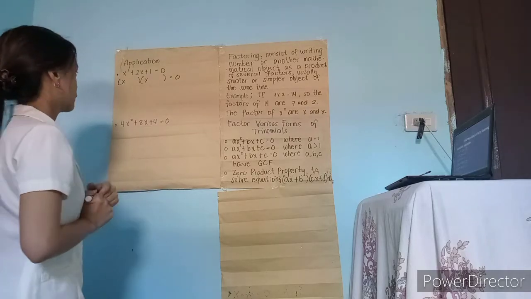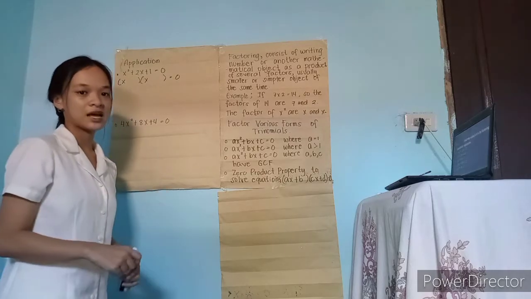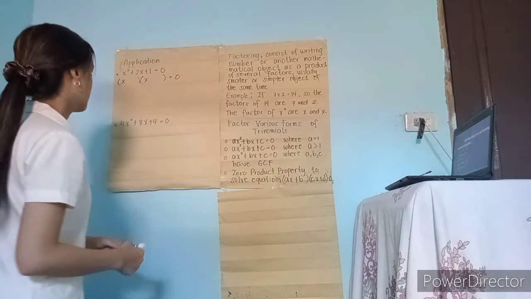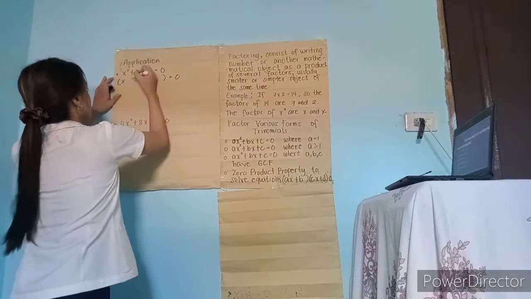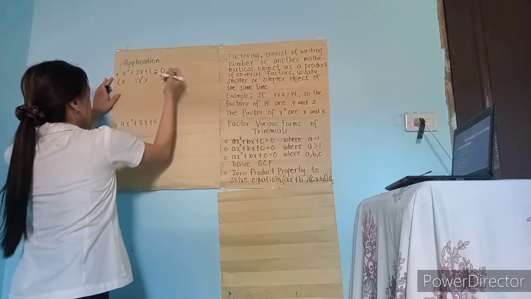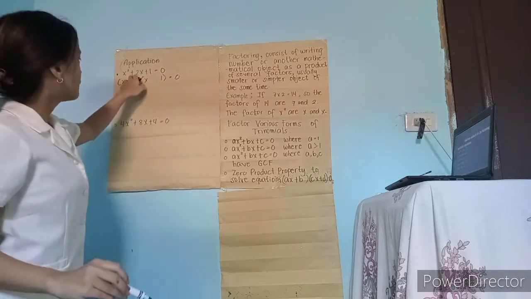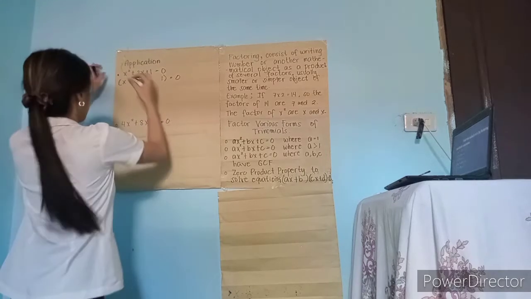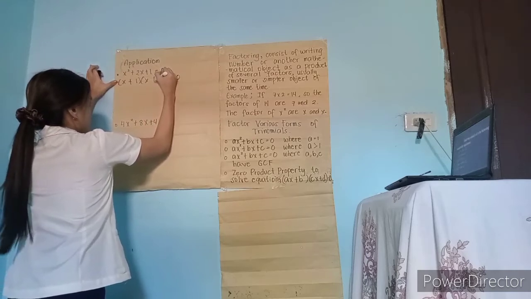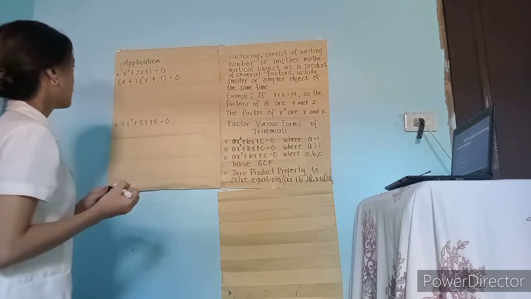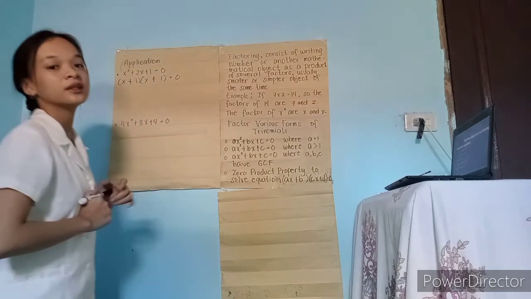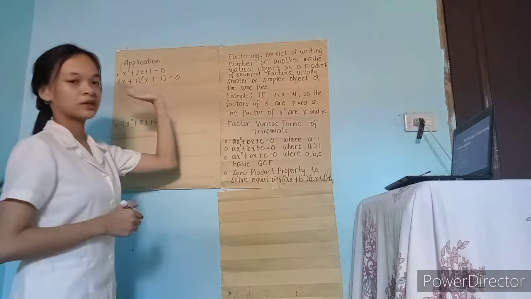Next is the last term. What is the factor of the last term? 1 and 1, right? Since they are all positive, we just write the positive sign. So we now have x plus 1 multiplied by x plus 1 is equal to 0.